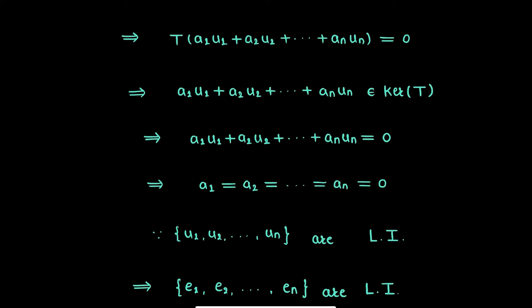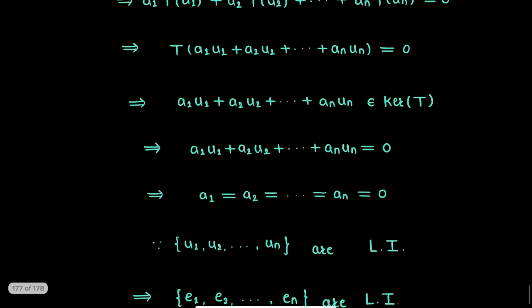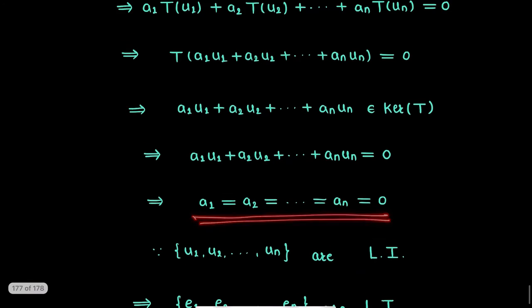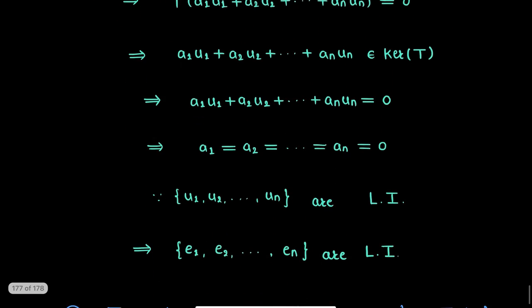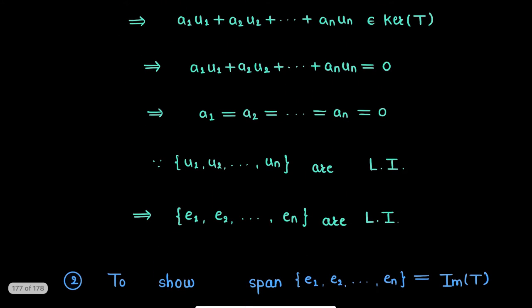Now as the vectors u1, u2 up to un are basis elements, they are linearly independent, so using the property of linearly independent vectors, we must have the scalars a1, a2 up to an all equal to 0. And therefore, we must have the n vectors e1, e2 up to en are linearly independent vectors in vector space V.